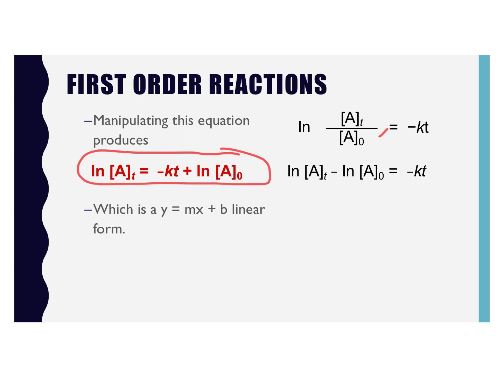Okay, and so what that basically tells you is that we've got a y equals mx plus b form now, which means that this is a linear equation where k is the slope, m, and the natural log of the initial concentration is the y-intercept.